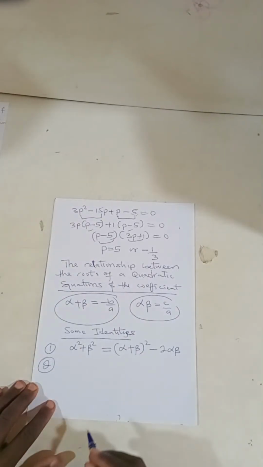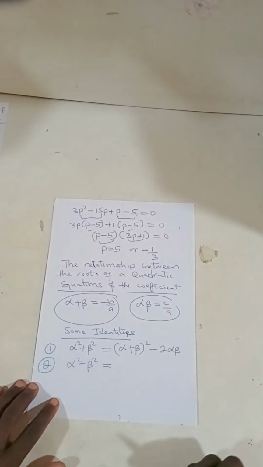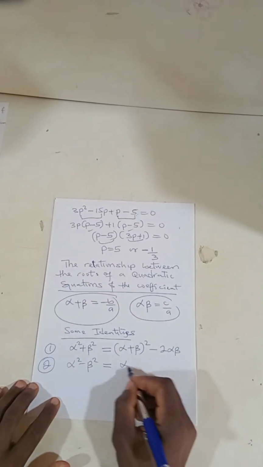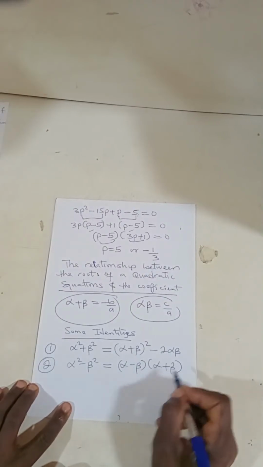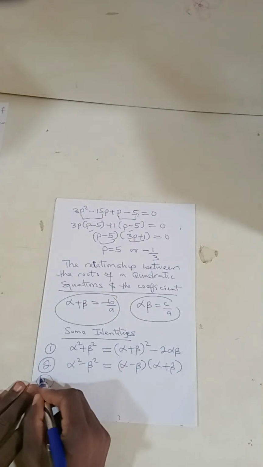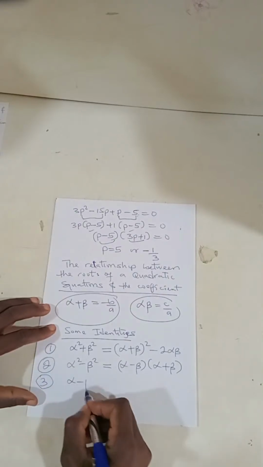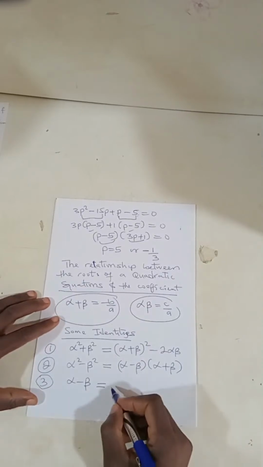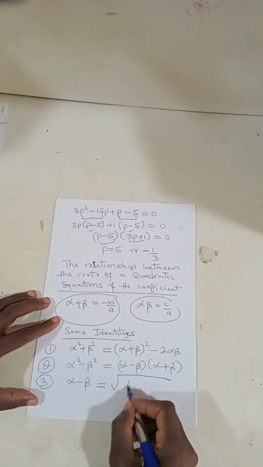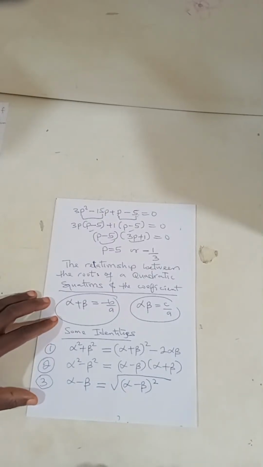The second one is alpha square minus beta square. This is just a difference of 2 squares, and that will be alpha minus beta times what? Alpha plus beta. The third one is alpha minus beta, which will be equal to the square root of alpha minus beta all squared.